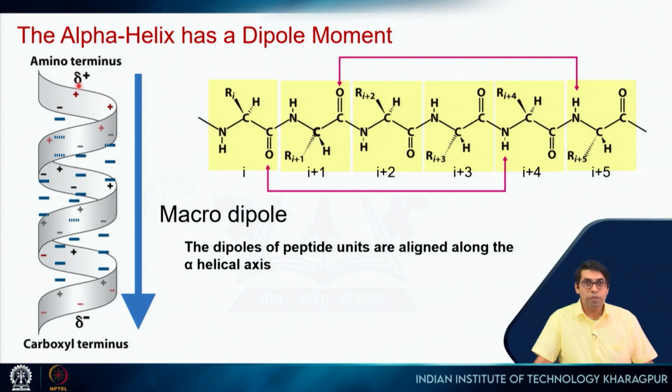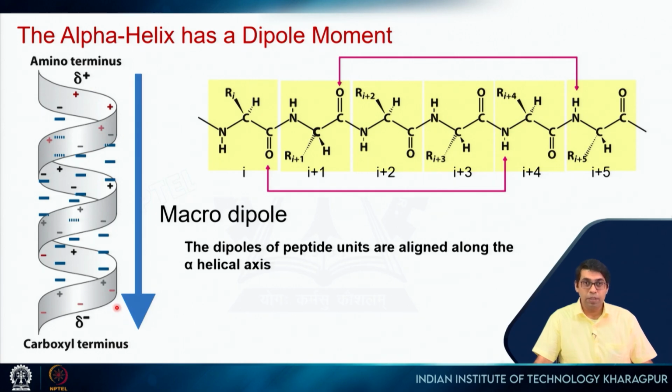So there is a net positive charge here and a net negative charge there, but again it is not a formal positive or negative charge. These values can be roughly around 0.5 of the formal charge of a proton and 0.5 of an electron. However, these charges are separated by a long distance, which is the length of the helix. So this results in something called a macro dipole.